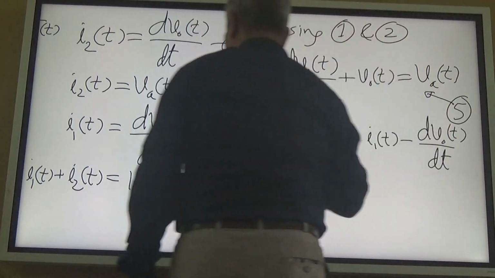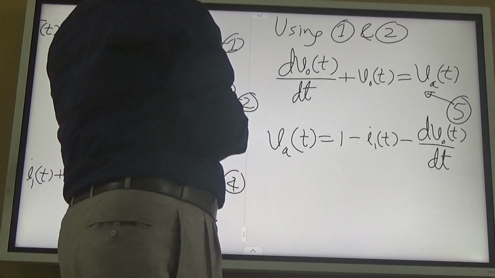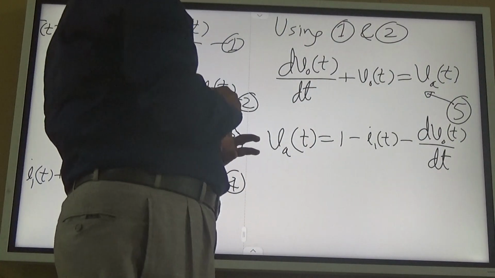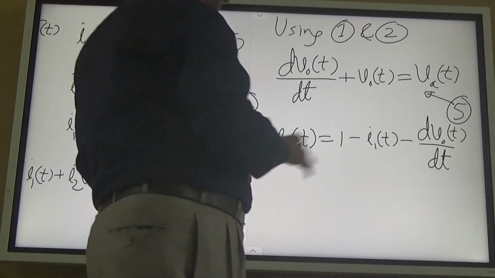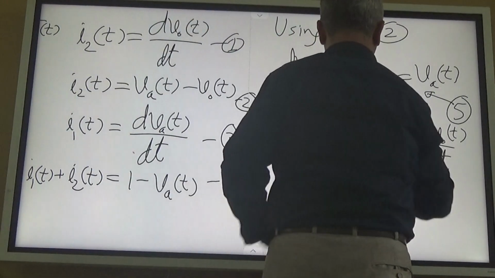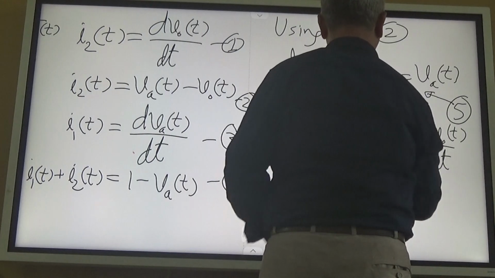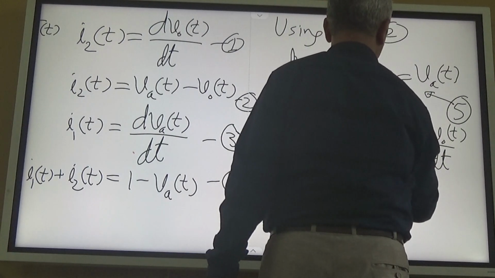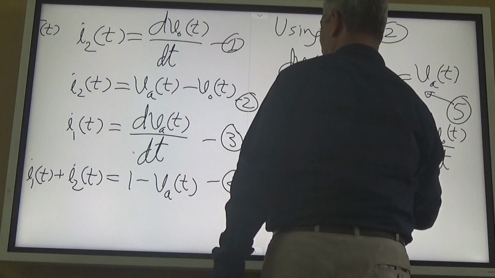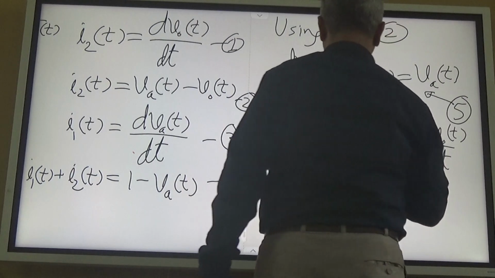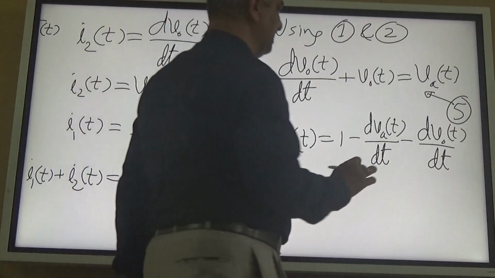For I1t, what do I have? dVA1t by dt. Yes, we will differentiate equation 5. So this I can say is equation 6.